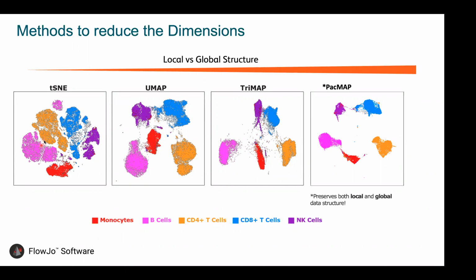On the other hand, if we want to preserve the global structure and see, for example, trajectories of one cell line going to another, or differentiation, UMAP, TriMap, and PaCMAP might do a better job than tSNE. We're going to see this later during the demo, focusing on monocytes and differentiation of monocytes. So again, it's all about the data set and how to choose one dimensionality reduction method over the other.